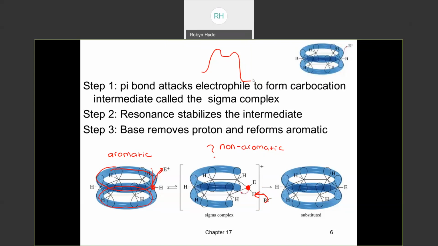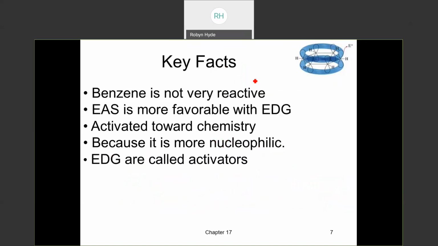final product. Okay, so let's talk about some key facts in regards to electrophilic aromatic substitution. Okay, so the benzene ring is not very reactive. Okay, so what kind of chemistry can we do? So electrophilic aromatic substitution is much more favorable if we have an electron donating group.